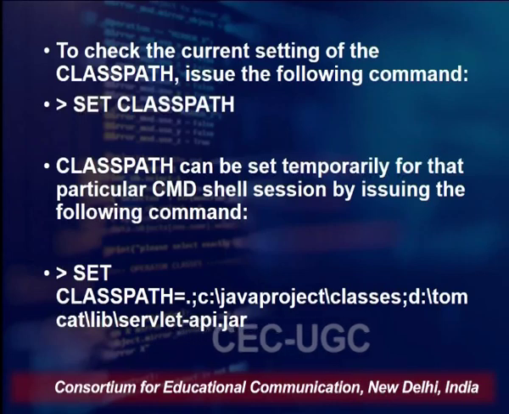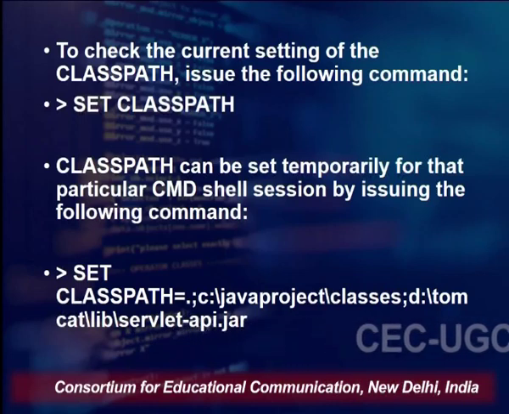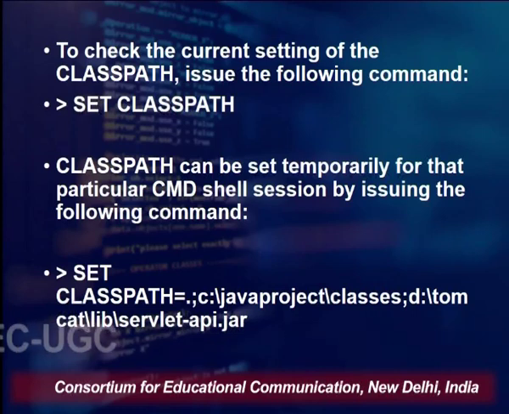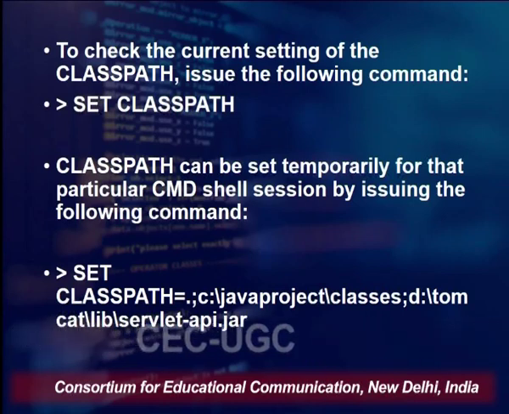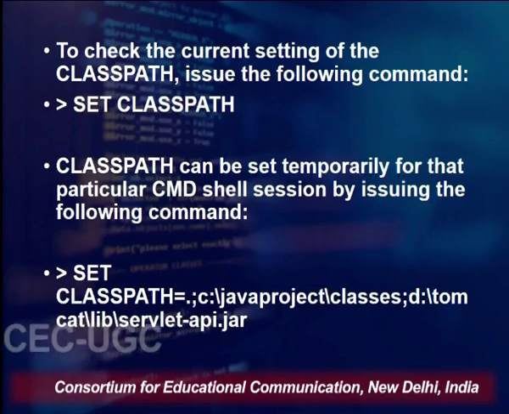So, here set classpath equals the dot for the present working directory, then C drive Java project classes, and within the D drive the path of the servlet API jar is included. This is the second way of setting the class path.